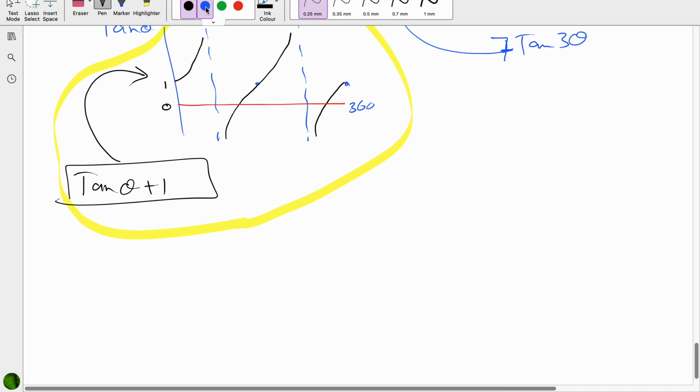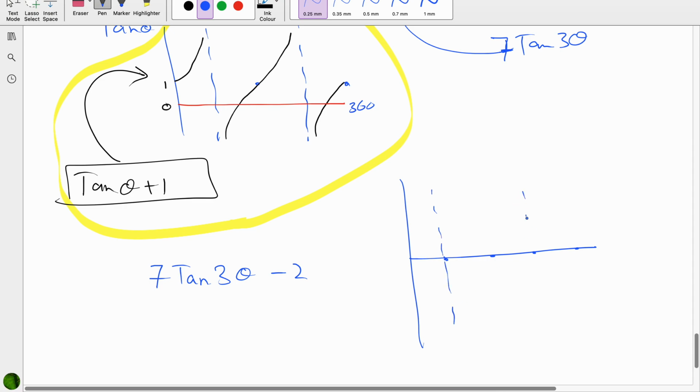So for example, if I have a question 7 tan 3 theta minus 2, so what I'll do is, because it is all with pencil, I'll quickly mark these 4 points, draw these dotted lines vertical, draw this sketch. Now this 7 doesn't matter anything to me.